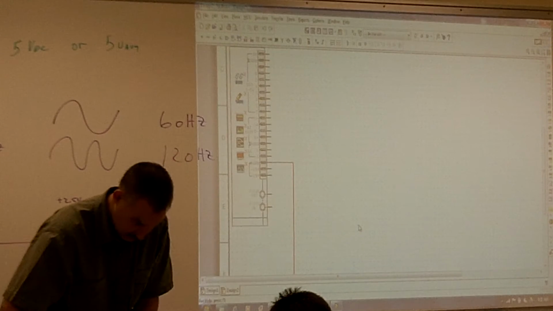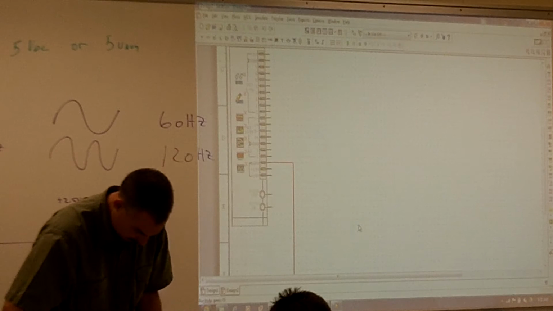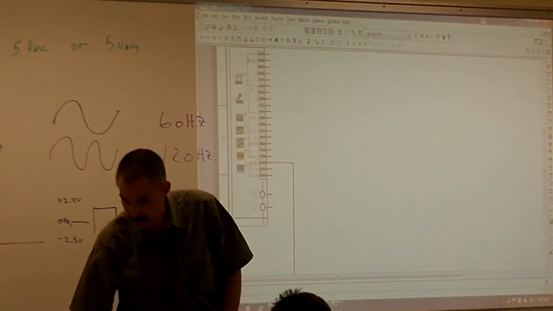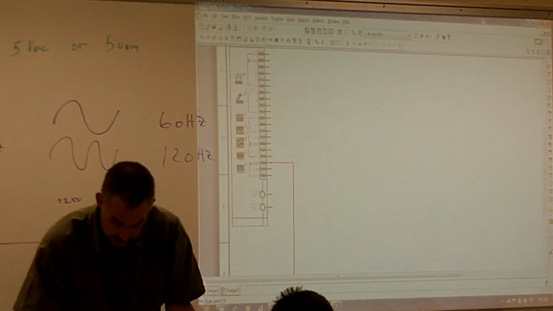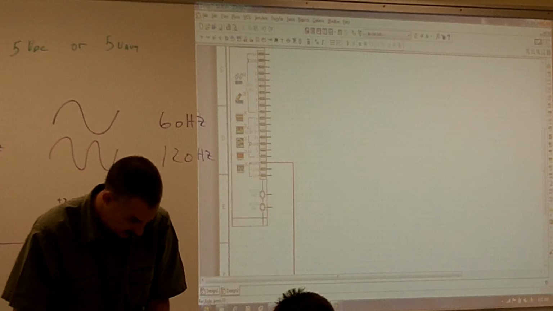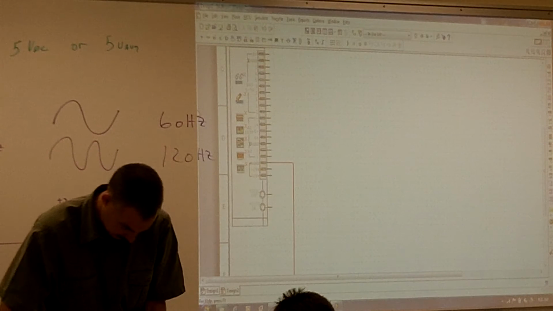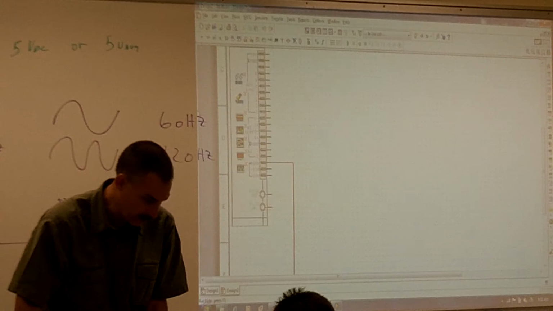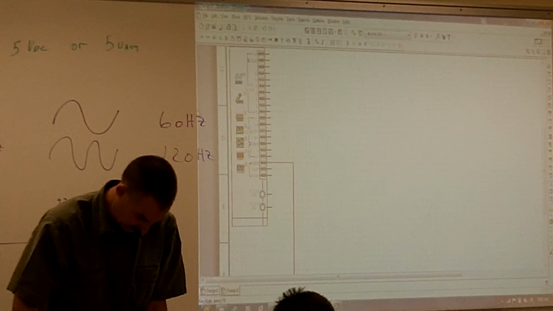Alright, so we went over all our different types of measurements that we can have, and the units. I'm a stickler for the five things about a waveform. You'll see that on the quizzes.